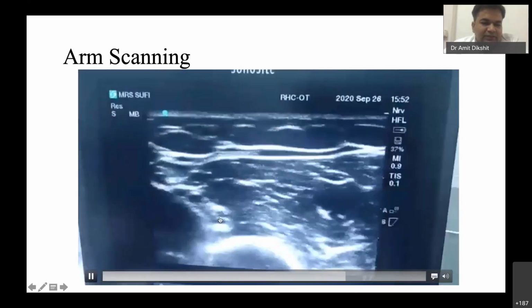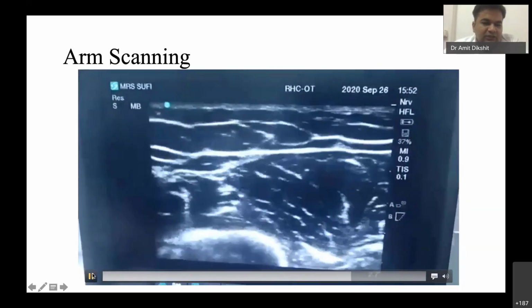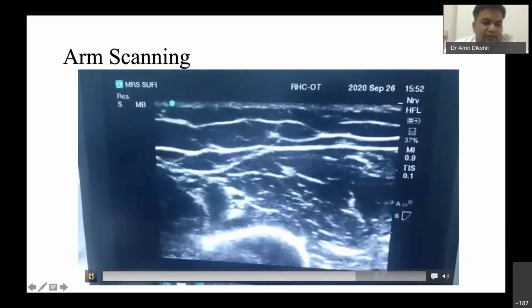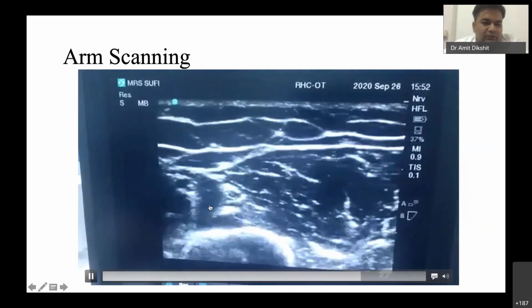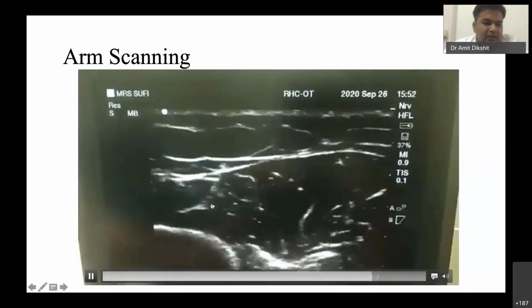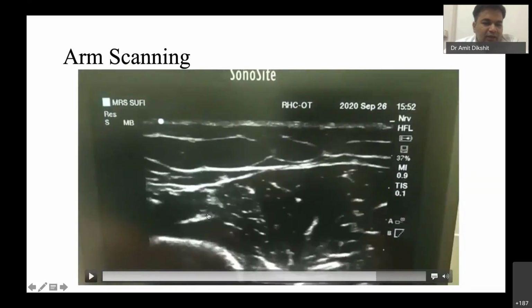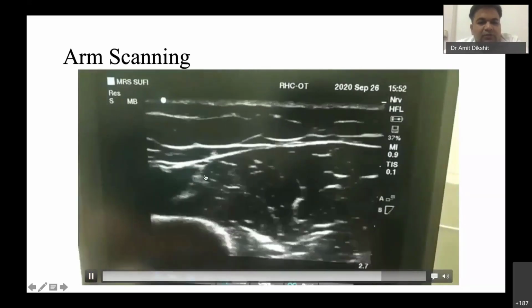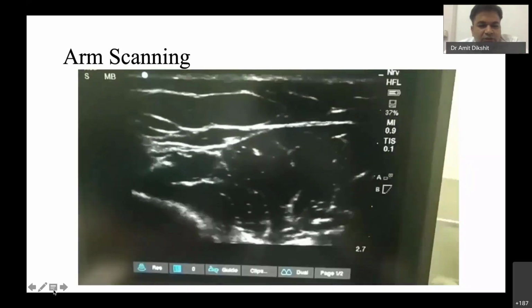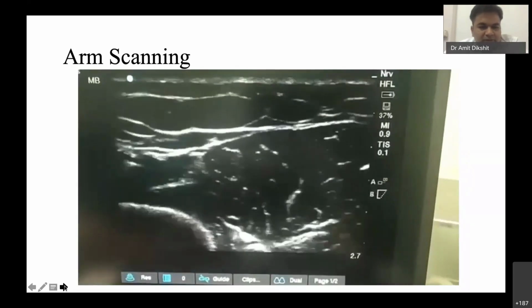Here you can see a glistening structure which has started appearing, and that's the radial nerve, nice and clear. Again, as I was describing to you about the anisotropic effect, this was a little bit of anisotropy, but you can again stimulate it if you wish. But the radial nerve is nicely seen here, and you can use it to block it at this place.